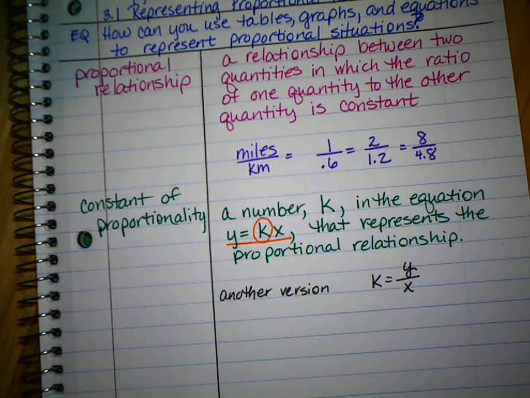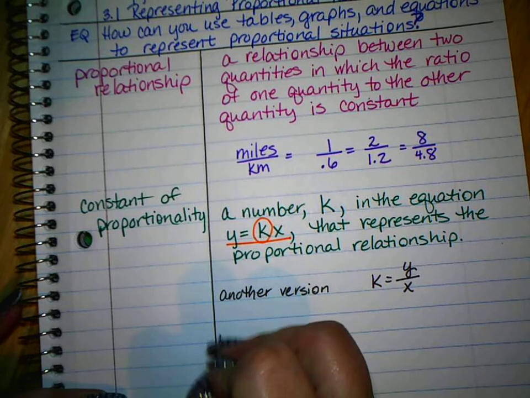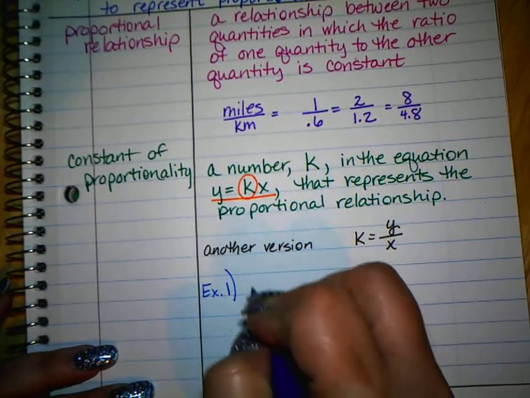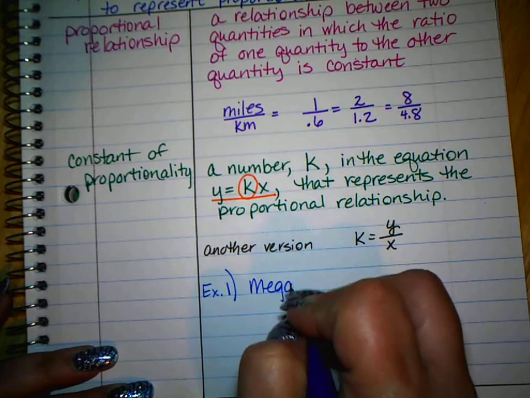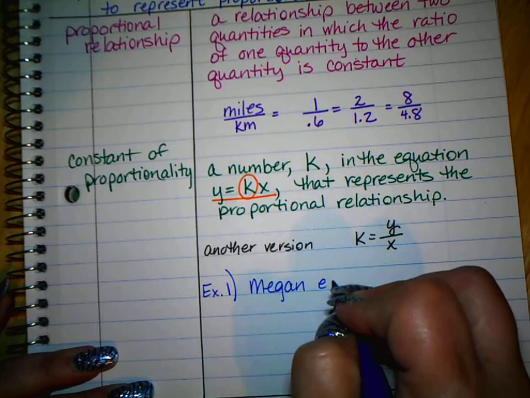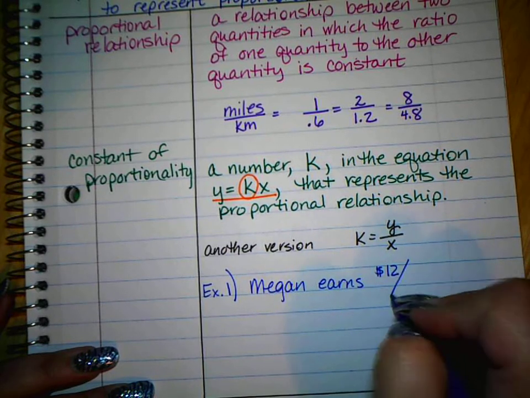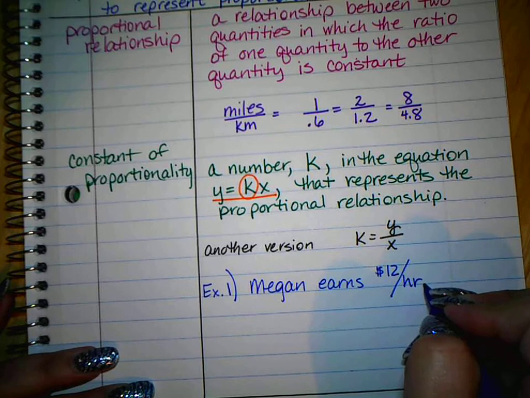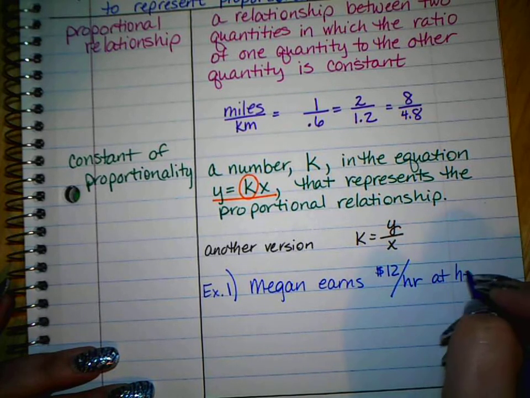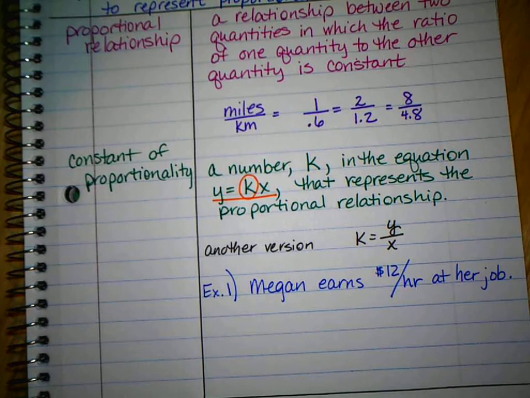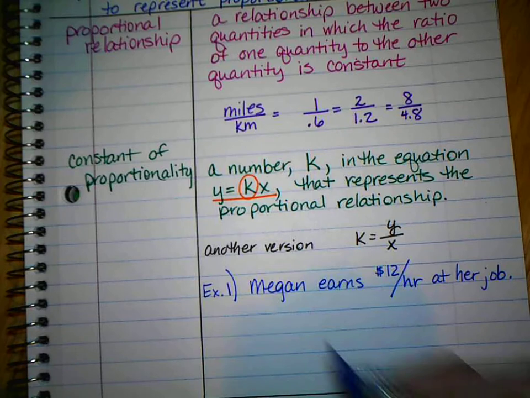We have a story problem for example 1. Megan earns $12 an hour at her job. What we want to do is show that the relationship between the amount earned and the number of hours worked is proportional.